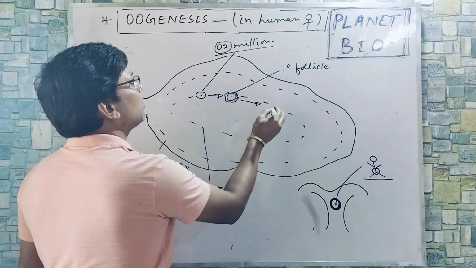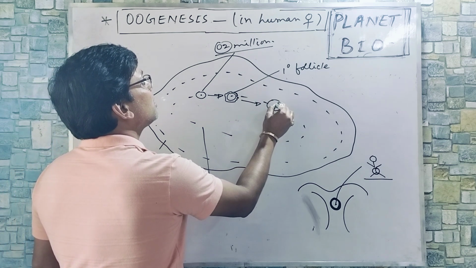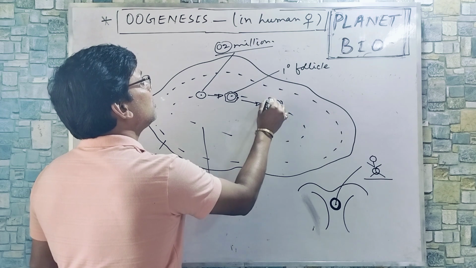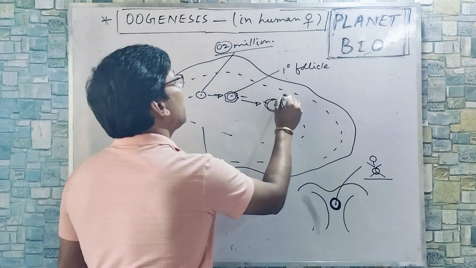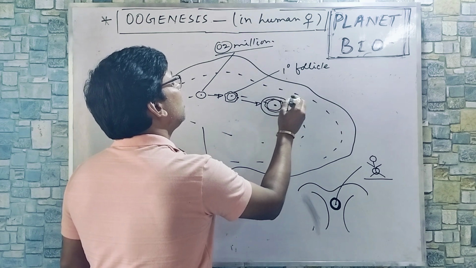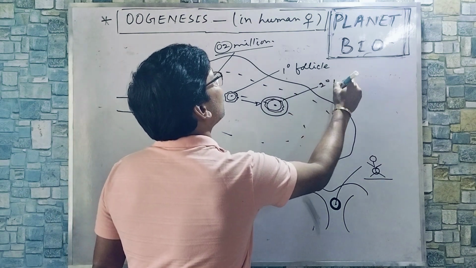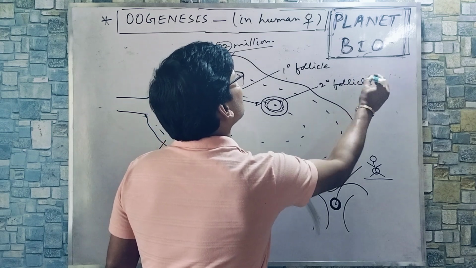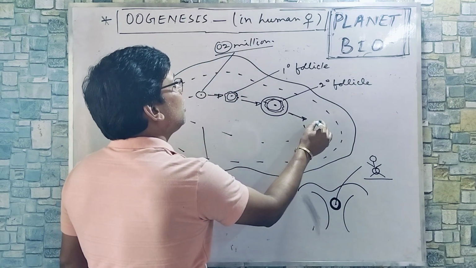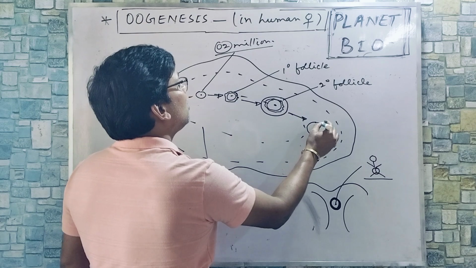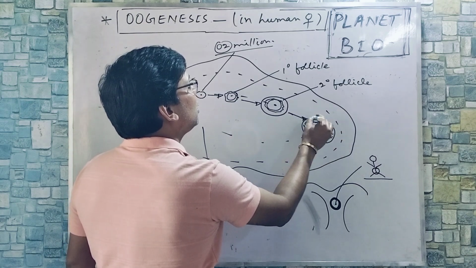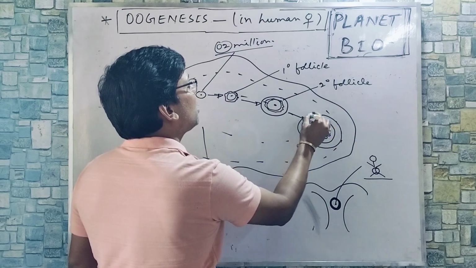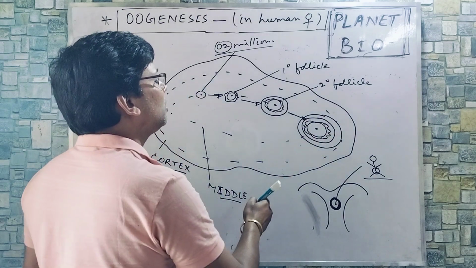After that, it is covered with more layers of granulosa cells and a theca layer. Now this is called secondary follicle. And then more layers of granulosa, and two thecae, theca externa and theca interna, are formed.